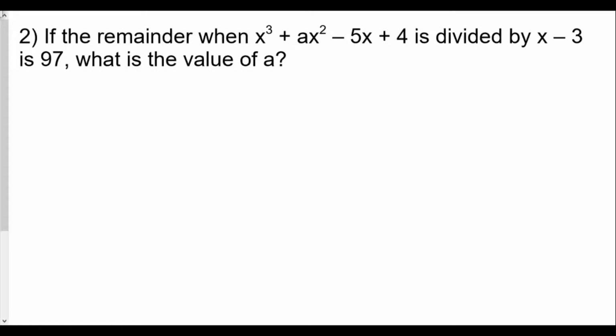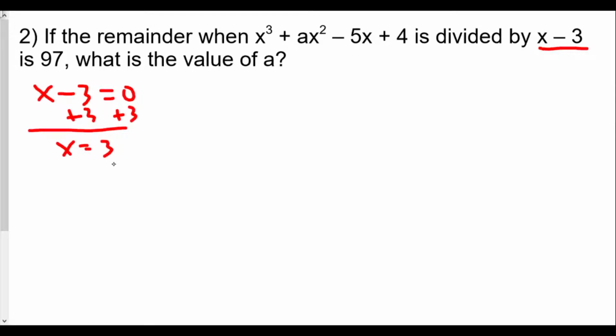Question number 2. If the remainder when x cubed plus ax squared minus 5x plus 4 is divided by x minus 3 is 97, what is the value of a? Now this is using the remainder theorem, but it's a little bit different. We still take our factor x minus 3, set it equal to 0, and solve to get our x value to be positive 3.